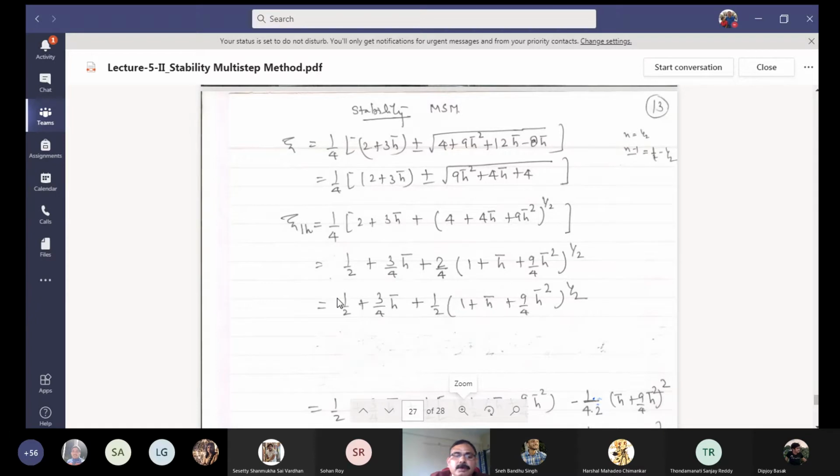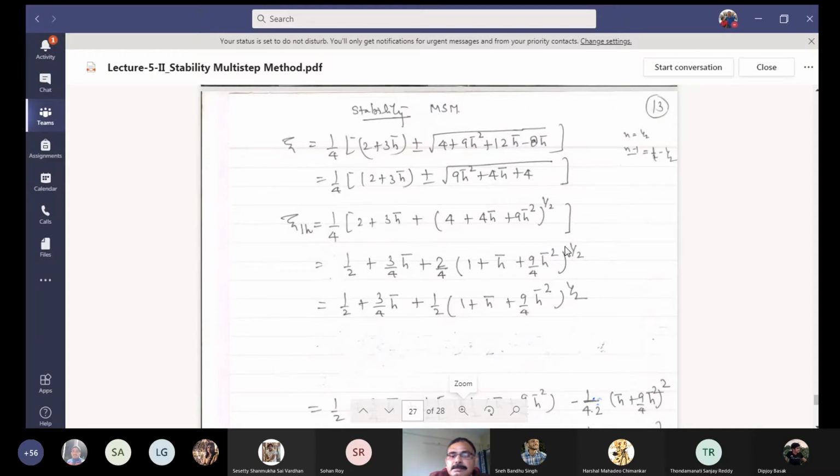Okay, so this is 1 by 2 plus 3 by 4 h bar plus, if I take 4 out, it will be power half, so it will be 2 out. So 2 by 4, that is 1 by 2, and the remaining terms are plus 1 only. That I'm writing as xi_1h: 1 plus h bar plus 9 by 4 h bar squared, to the power half.